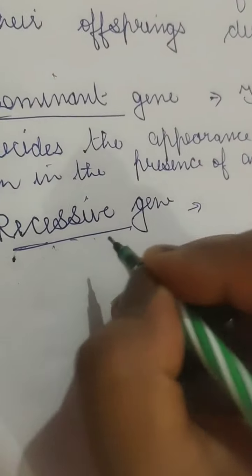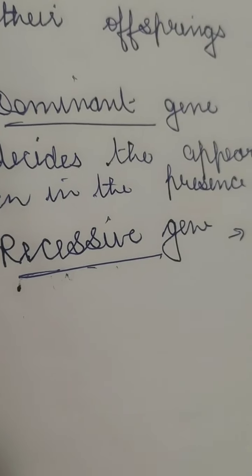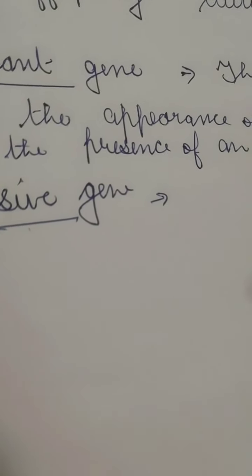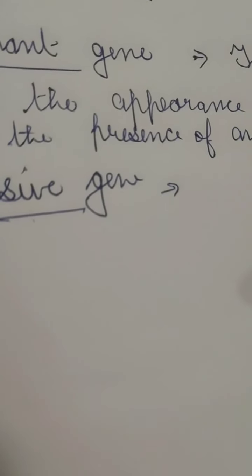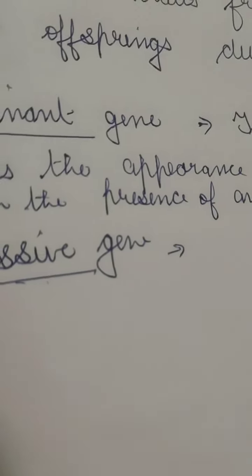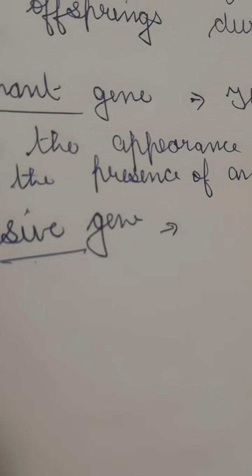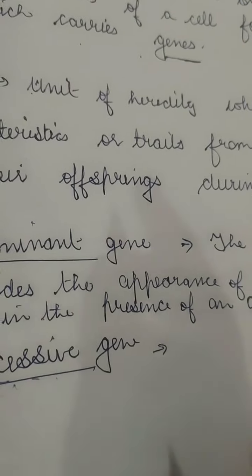Now the recessive gene is the gene which can decide the appearance of an organism only in the presence of another identical gene. If there are two genes, the recessive gene is no longer active.